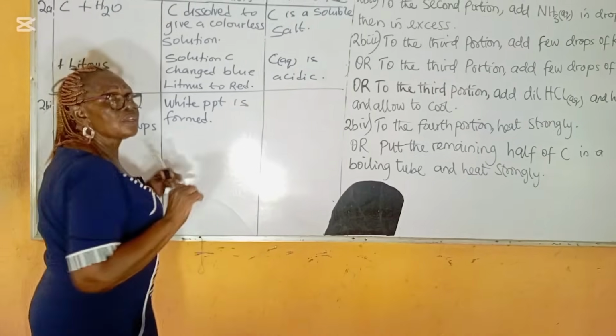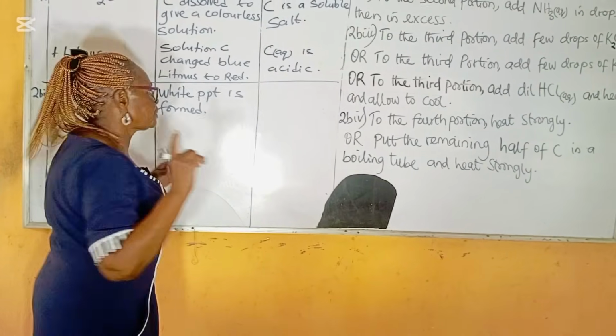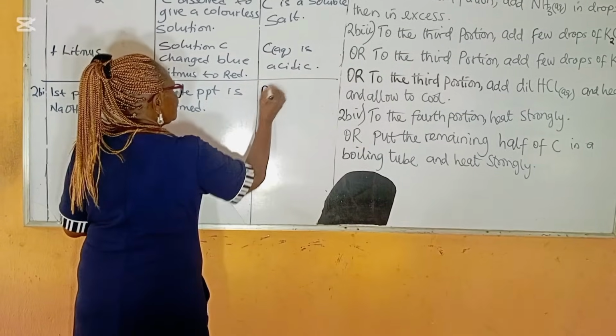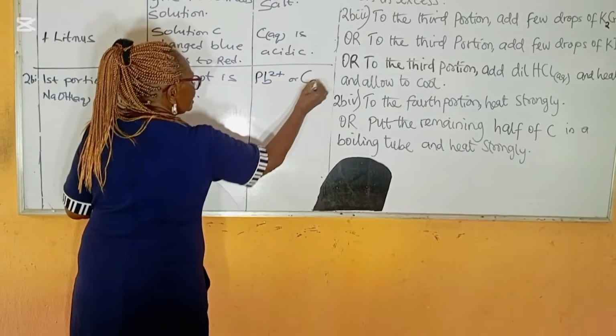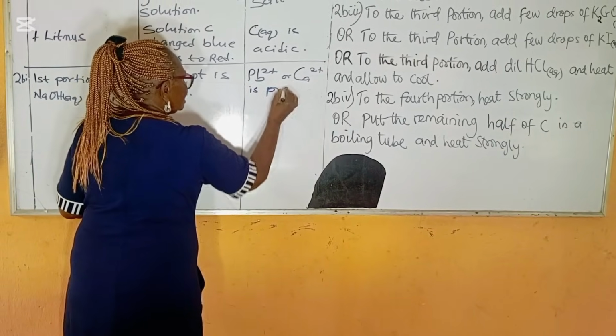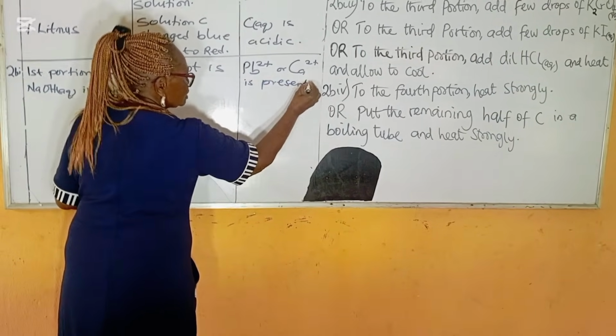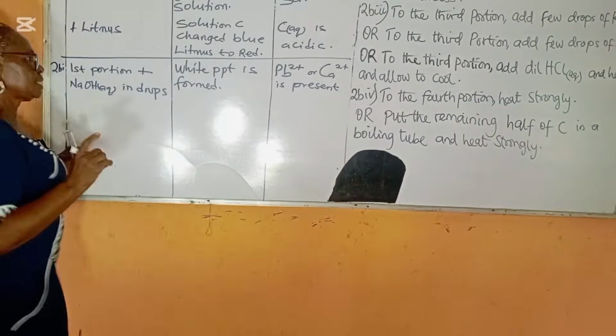So what you have to infer, there are two cations that can give you white PPT. You now say Pb2+ or Ca2+ is present. These are the two cations that can give you white PPT.